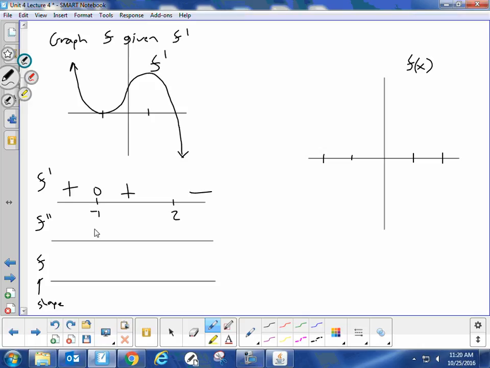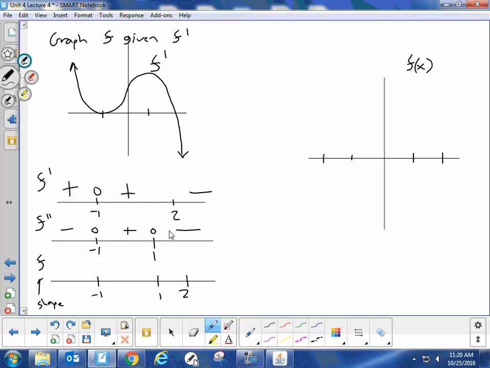Now F double prime values, slopes of F prime, are negative slopes until I also have a 0 at -1. Then they're positive slopes until 1 when they are 0, and then they're negative slopes after that. So I have 1, 2, 3 points, -1, 1, and 2, and I'm going to connect everything.